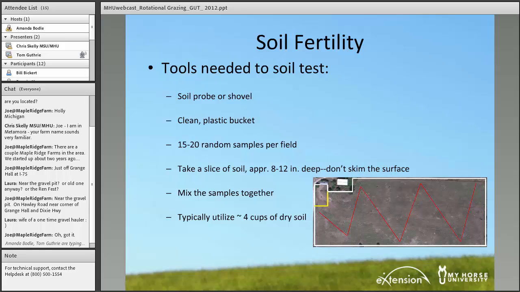We want to mix all of those 15 to 20 random samples together to get one representative sample of that area. And you want to submit approximately 4 cups of dry soil. That will ensure that you have enough soil to be analyzed. The other thing is we try to keep soil samples within 20 acre increments.